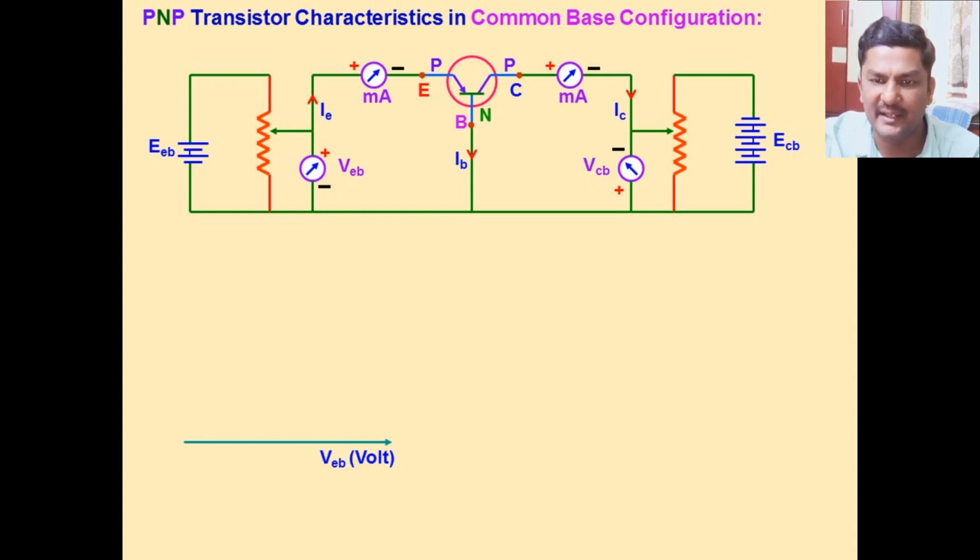In an external circuit, a voltmeter should be connected in parallel, so this is parallel to the emitter and base. This voltmeter records the VEB value, the voltage across emitter and base.